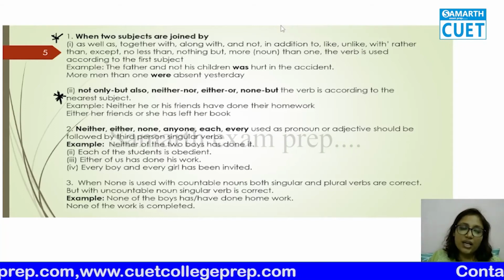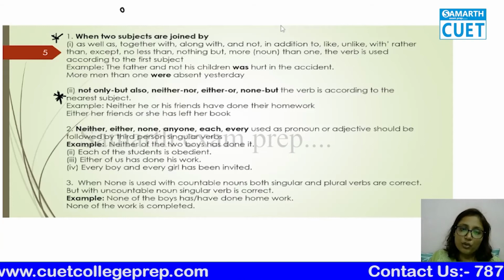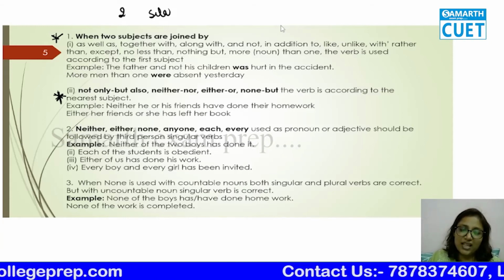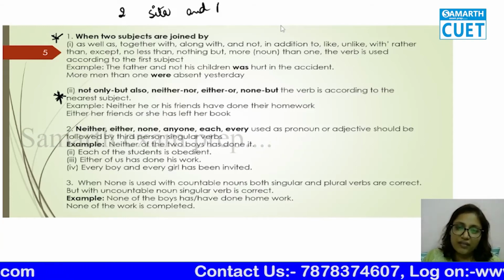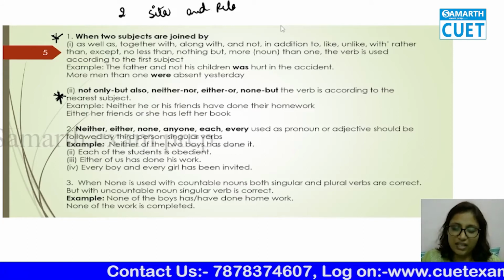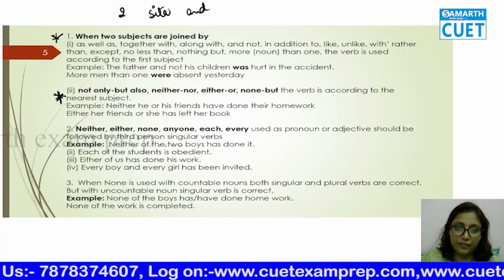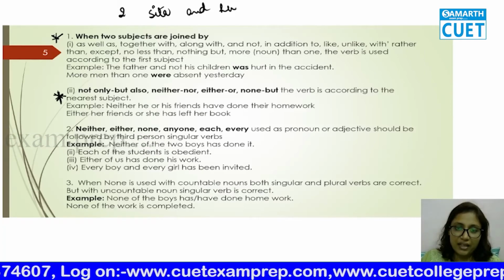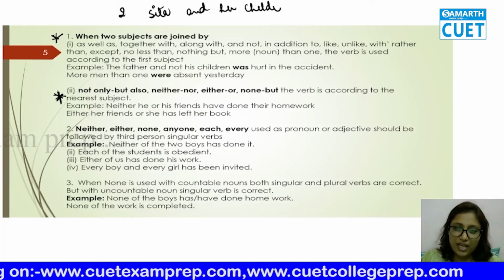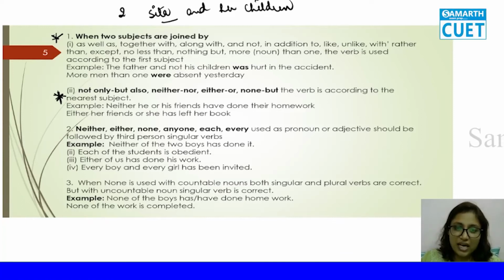So there are few words when we have two subjects, that means suppose Sita and her children. So we have two subjects, Sita, and second subject is her children.